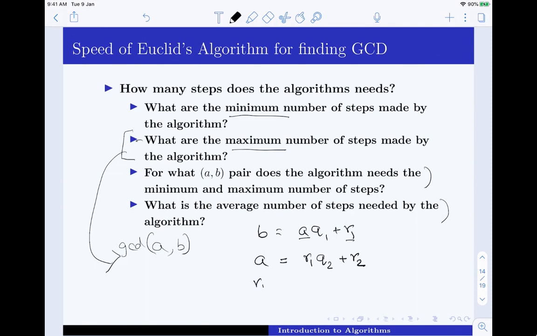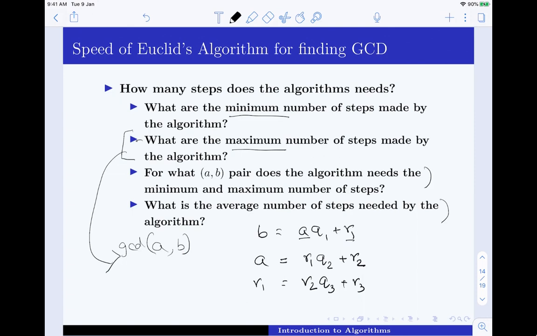You will then write R1 as R2 times Q3 plus R3 and so on. You will keep on going till you hit something.